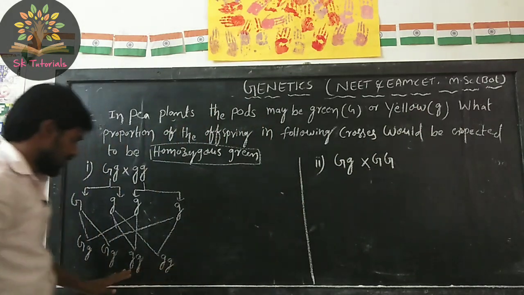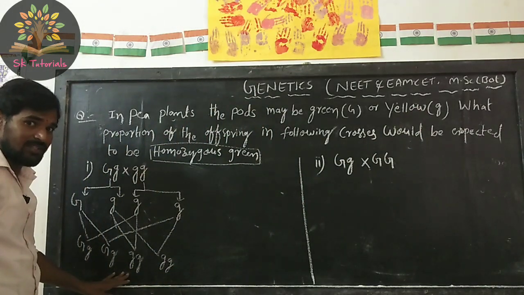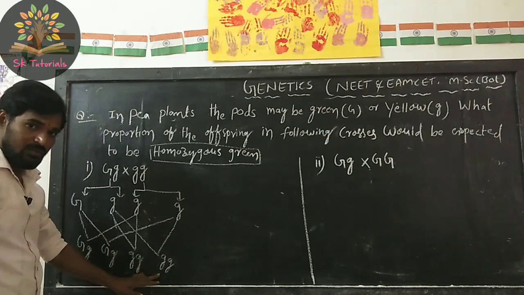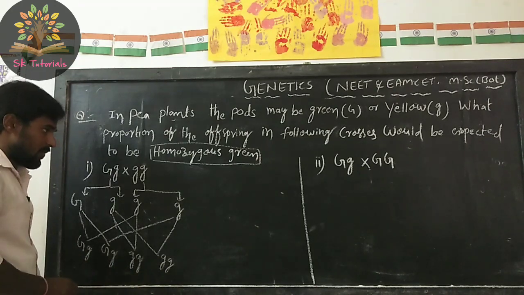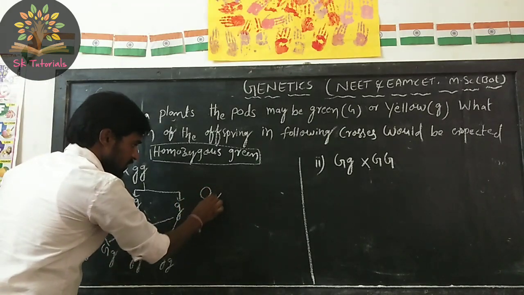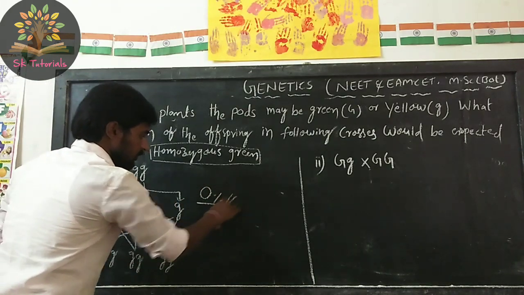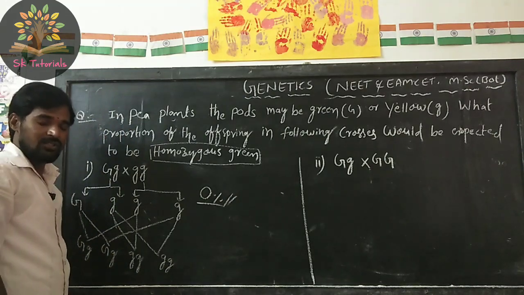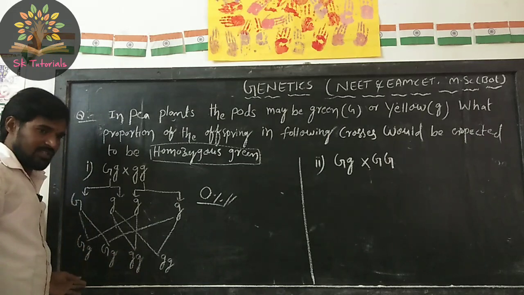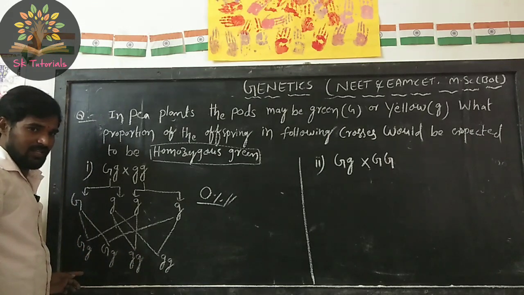That is why small g, small g is homozygous yellow, it is not green. What is the proportion of homozygous green in the first cross? That is 0%. The answer is 0%, because there is no homozygous green, but heterozygous green is there.